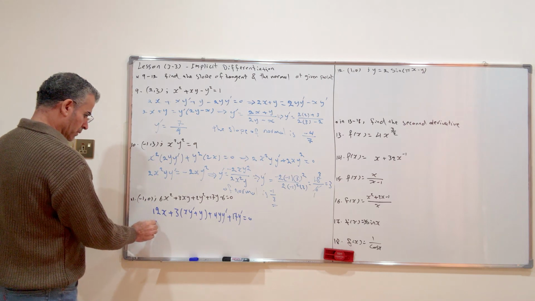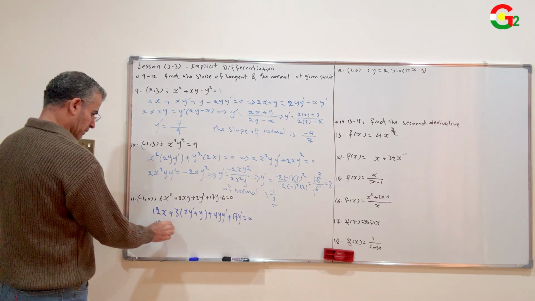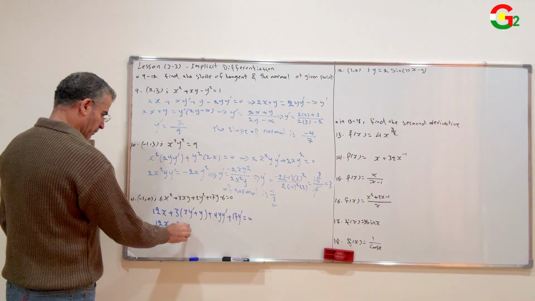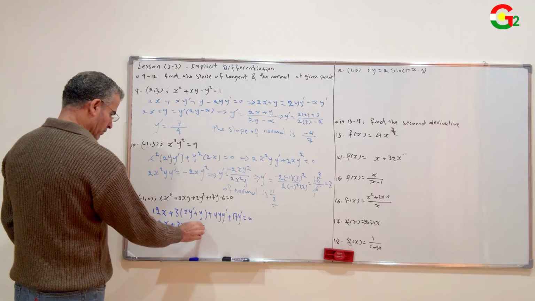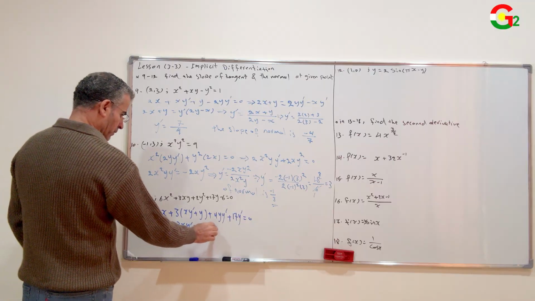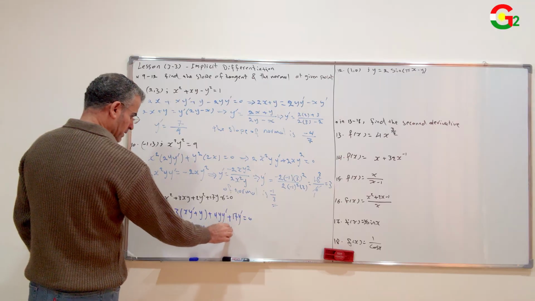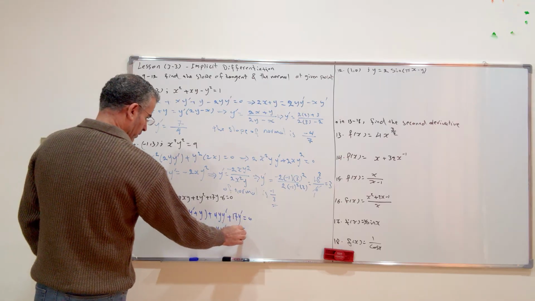Now 12x plus 3xy prime plus 3y plus 4y y prime plus 17y prime equals 0.